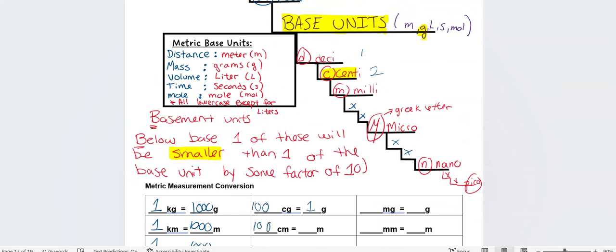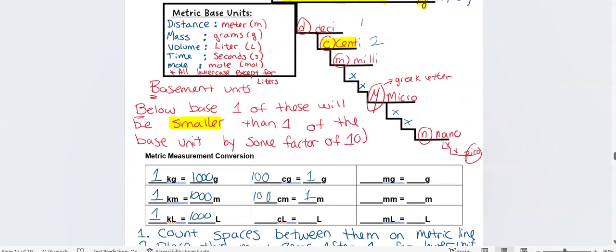And that is true no matter what the prefix is, whether it's gram, meter, or liter. 100 centi equals 1 base unit. And then if you go one more step to milli, that would be the third step. So that would mean 1,000 for our base unit.